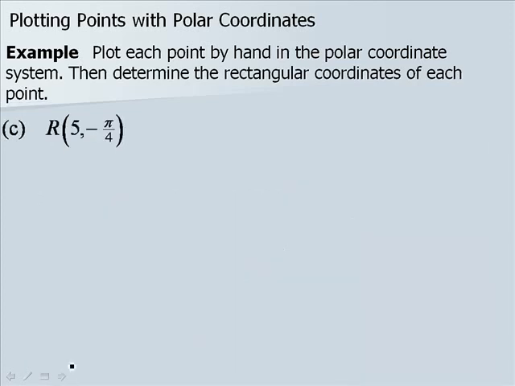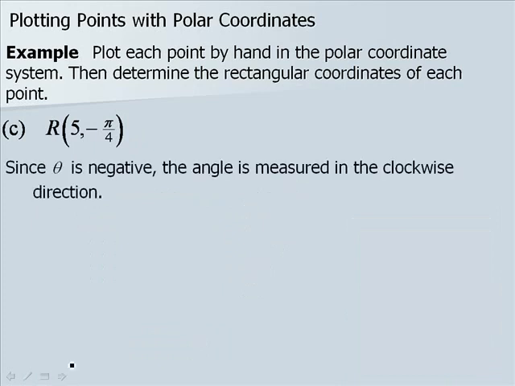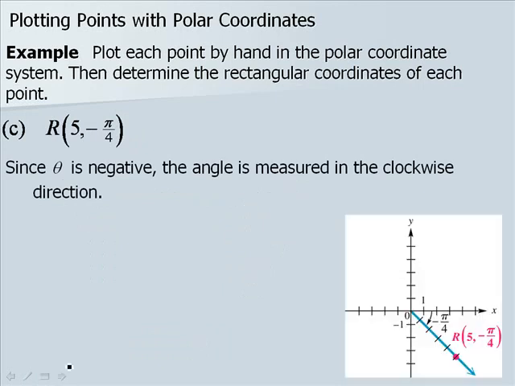For this next point, we have that r is 5 and theta is negative pi over 4. Since theta is negative, the angle is measured in the clockwise direction, and we'll have 5 units on our ray.